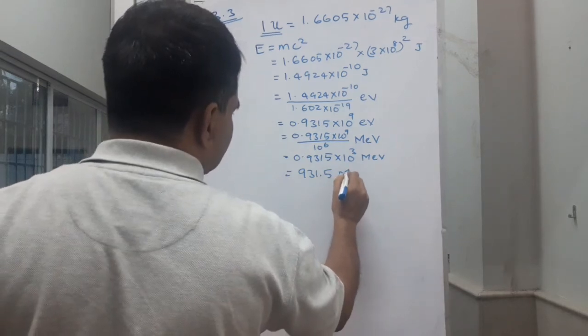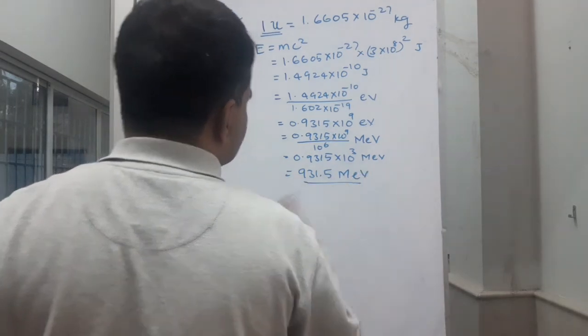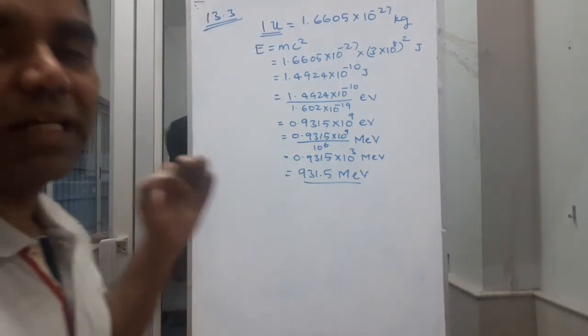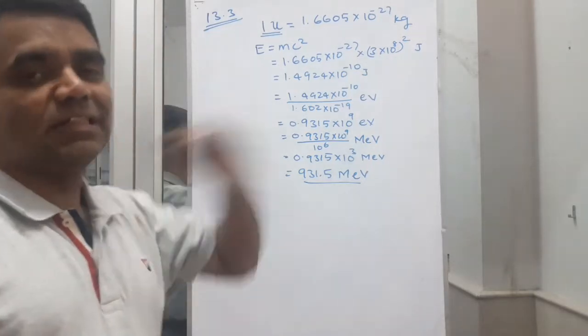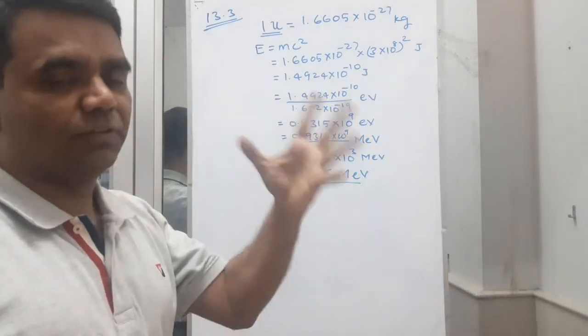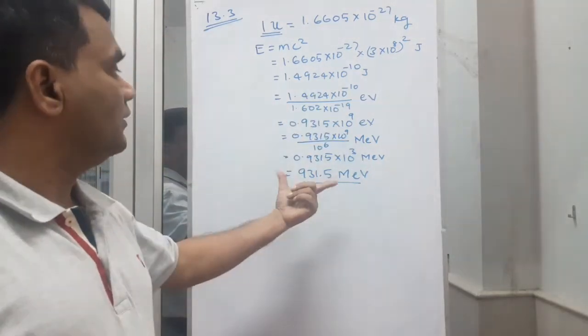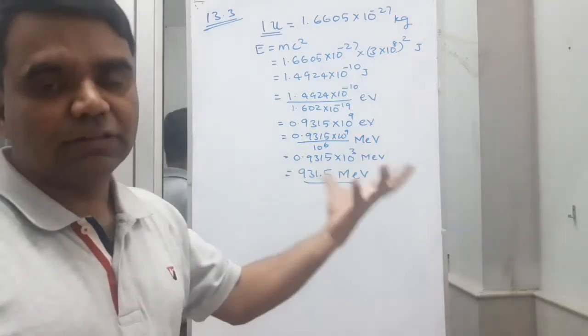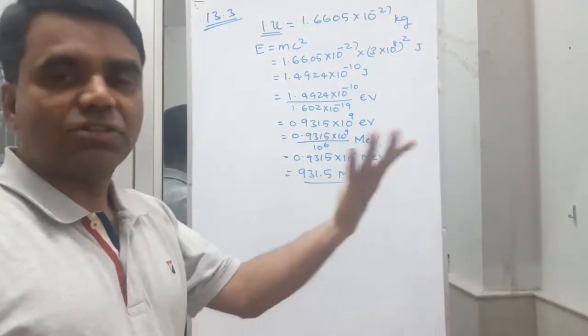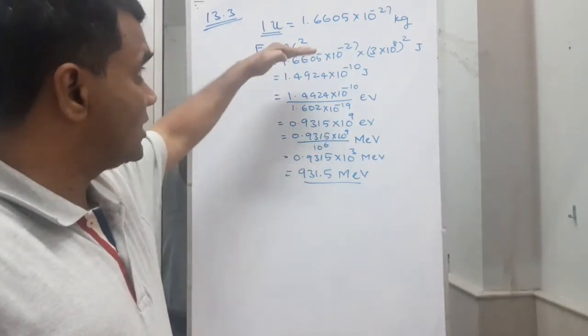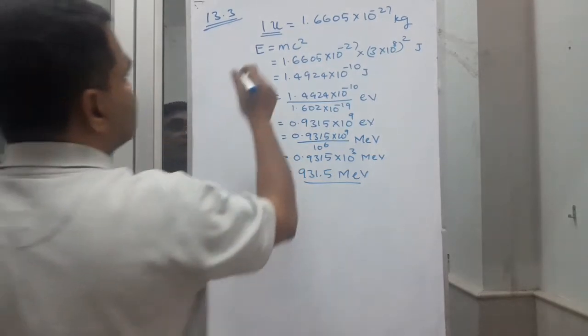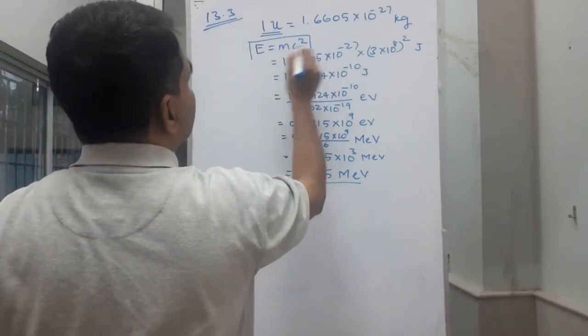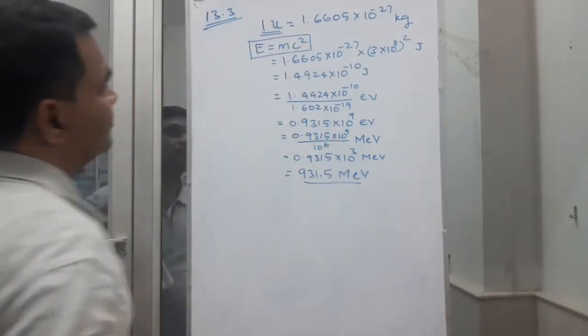Or if we multiply that, it's going to be 931.5 mega electron volt. So if you take one atomic mass unit and we convert all of it into energy, then this is the amount of energy that will be released in the process, as per Einstein's mass energy equivalence equation.